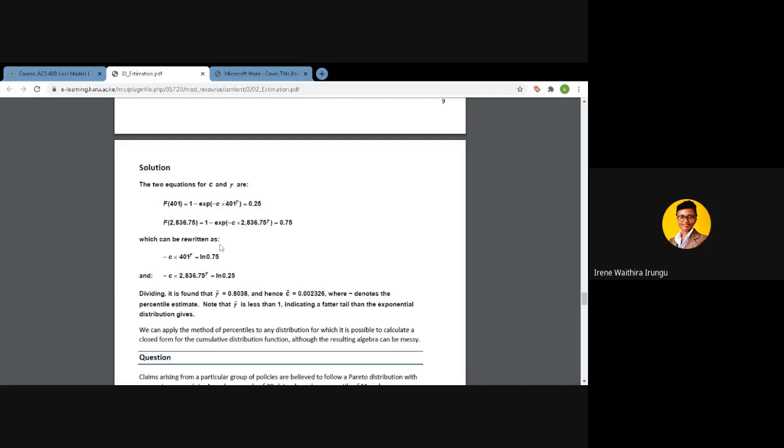So from here, you can now take the ln on both sides. The ln of 1 is 0, and the ln of the exponent is simply whatever is in the power.